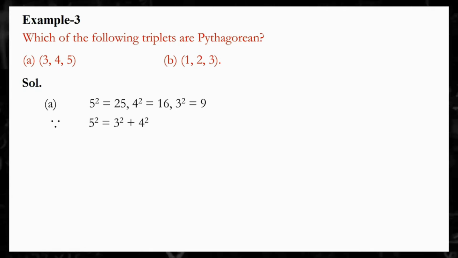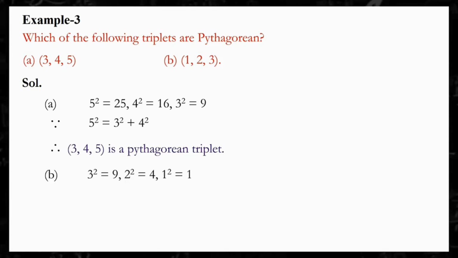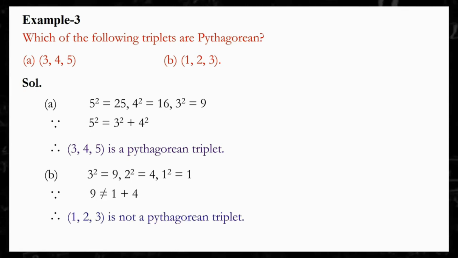Because 5 square is equal to 3 square plus 4 square, therefore, (3, 4, 5) is a Pythagorean triplet. B. 3 square is equal to 9, 2 square is equal to 4, 1 square is equal to 1. Because 9 is not equal to 1 plus 4, therefore, (1, 2, 3) is not a Pythagorean triplet.